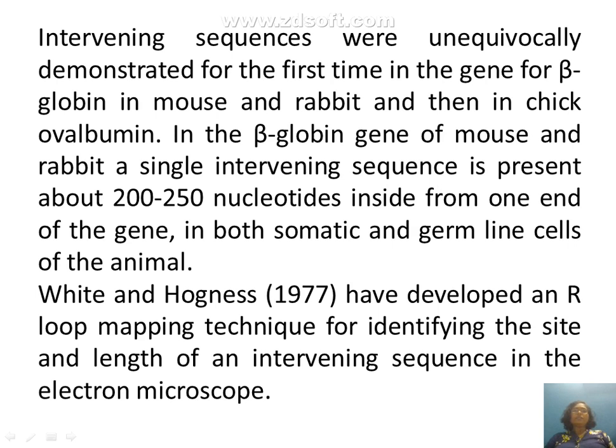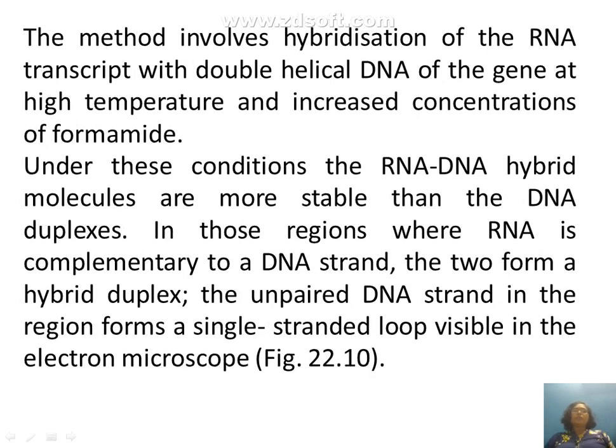So, how did they demonstrate it? White and Hognes, these two scientists, in 1977, developed an R-loop mapping technique for identifying the site and length of intervening sequences in the electron microscope. This method involves hybridization of the RNA transcript, the transcript you obtain after the transcription process, with double helical DNA of the gene at high temperature and increased concentration of formamide.